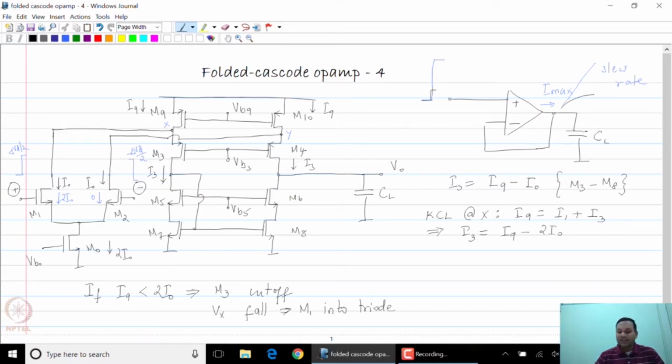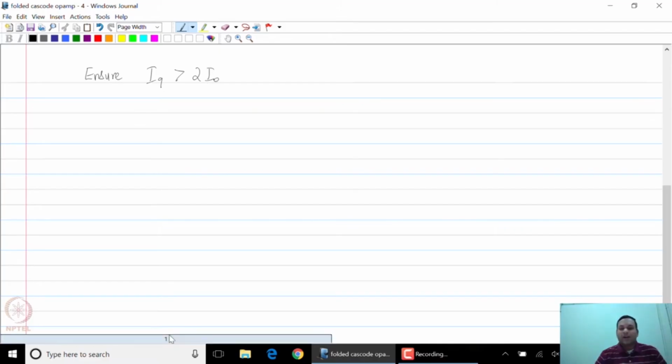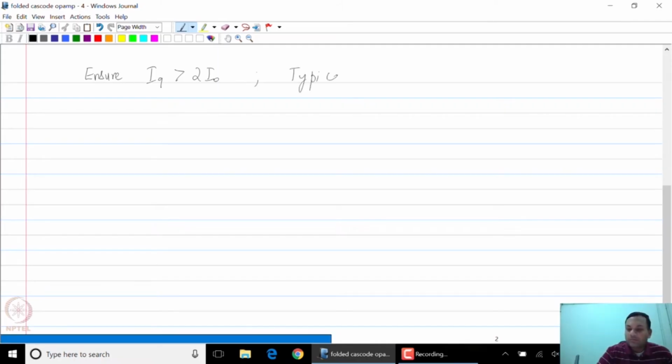That would be the progression, and this is not something which is desirable. So you need to ensure that I9 minus 2I0 is greater than 0. But of course we do not want to burn too much current, so typically I9 would be approximately 2I0 and slightly greater.